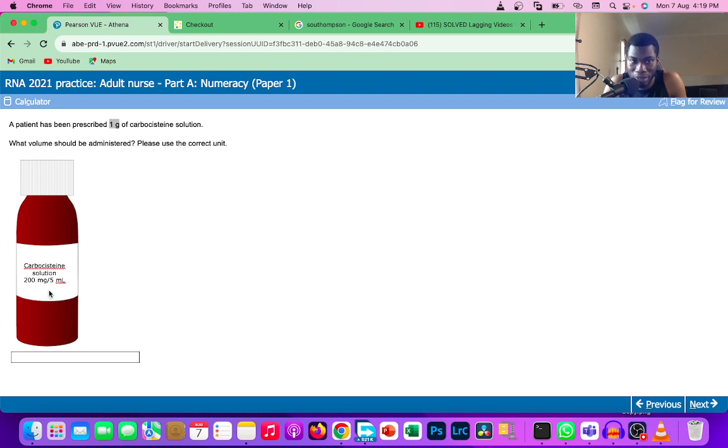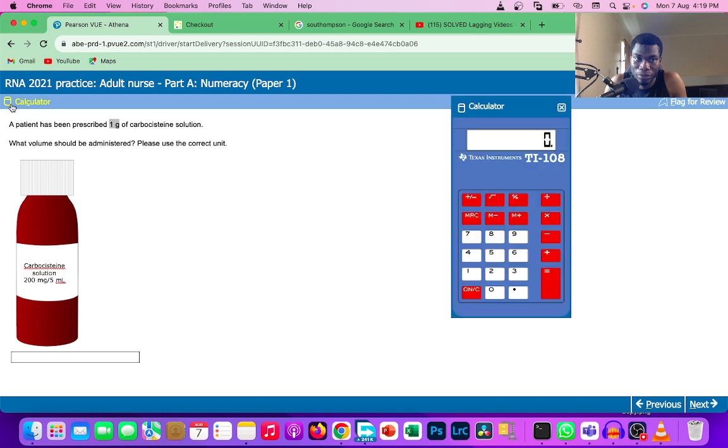Alright, so you multiply x by 200 and then 1000 by this. The simple way of doing it is multiply 1000 by 5 and divide it by this. So if you multiply 1000 by 5, you are going to get what? 5000. Then you now divide it by what? 200. Then you have what? 25 mils. So you are now going to give 25. You leave space, type small letter, capital letter, and then you go.